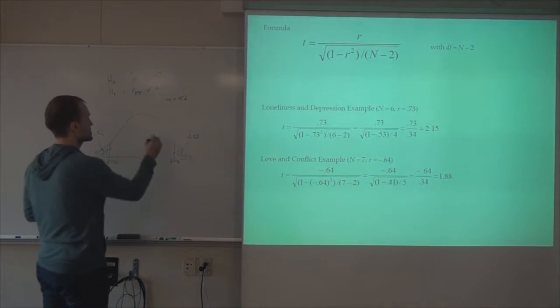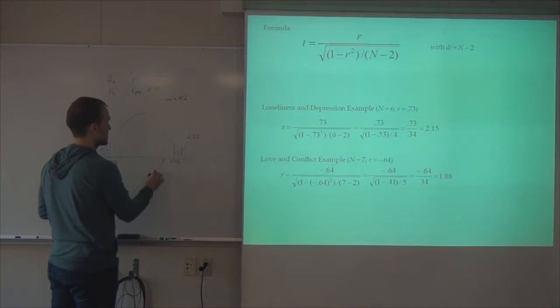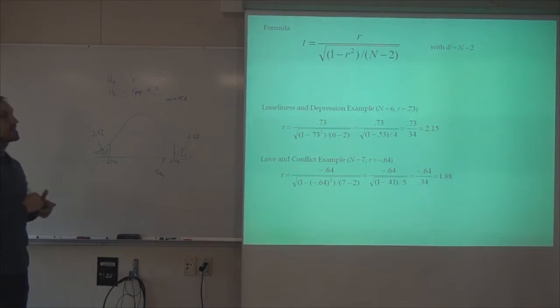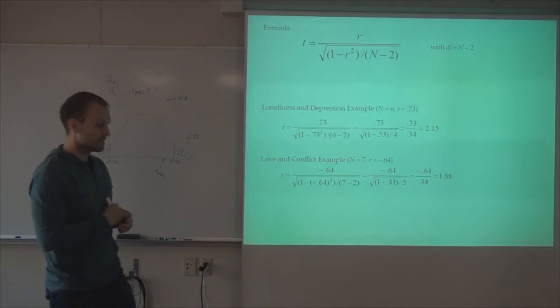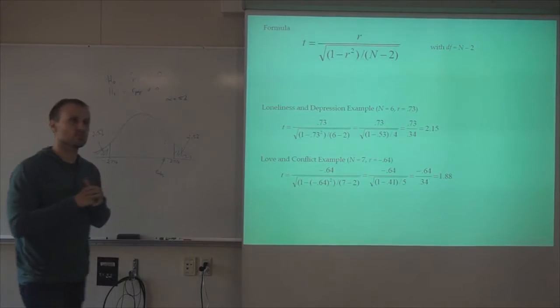And my observed t-score is 2.15. So sadly, that is not beyond the cutoff. My conclusion would be that it is not significant enough, even though the sample shows a strong correlation. This is why the test is so important.